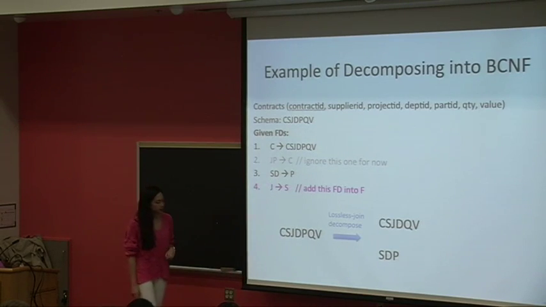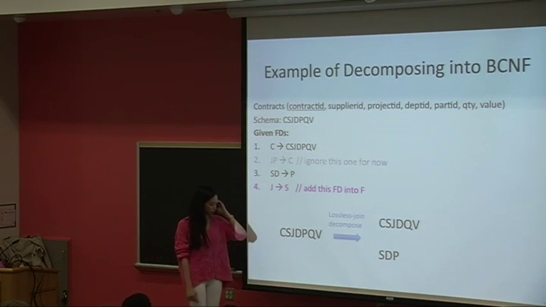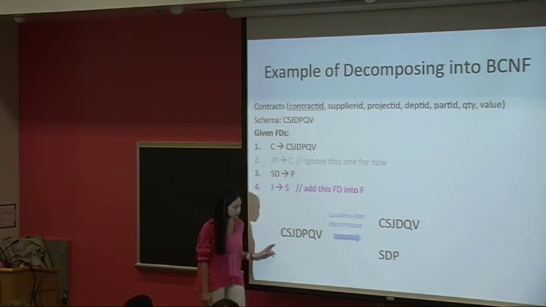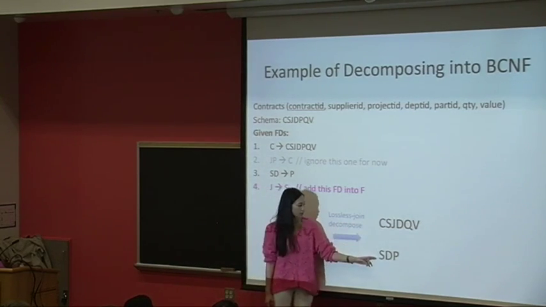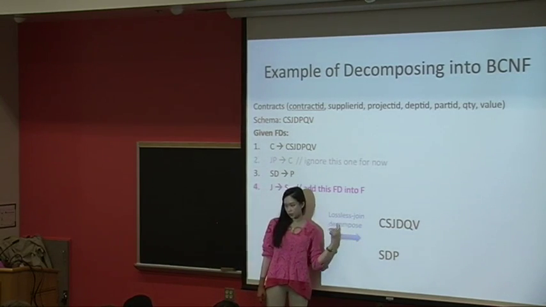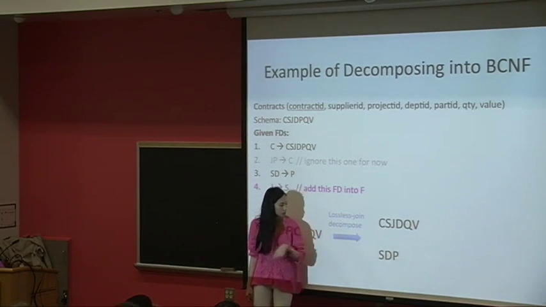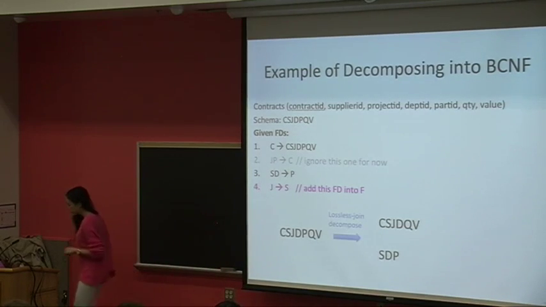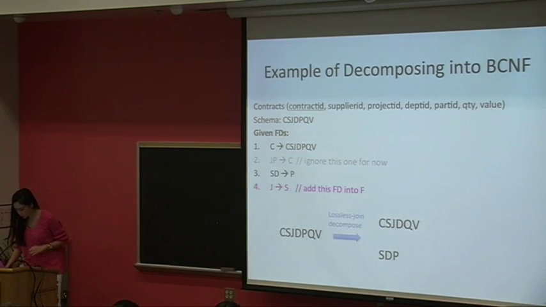All right. So when we talked about this example earlier, we decompose this whole R into these two sets, and before we showed that it was lossless join decomposed. Okay. And also, let's take a look.